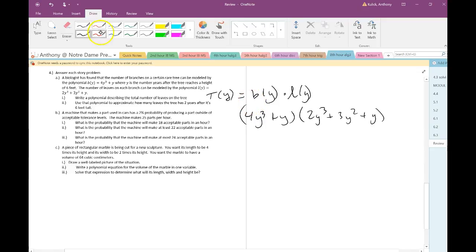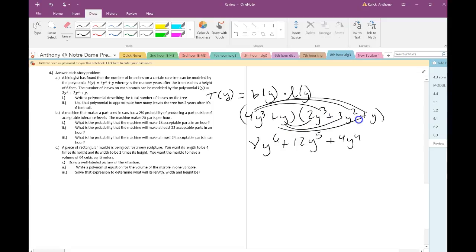And just to be different, I'll do a FOIL-like thing on this. Multiply everything by the first piece: I get 8y to the 6th plus 12y to the 5th plus 4y to the 4th. And then when I do the other piece, I get plus 2y to the 4th plus 3y to the 3rd plus y squared.